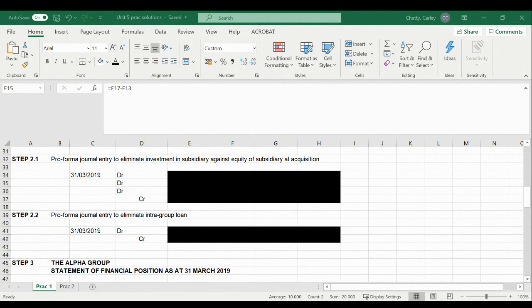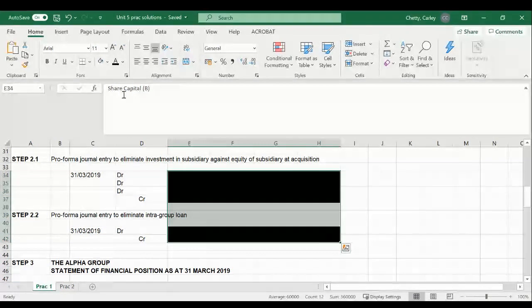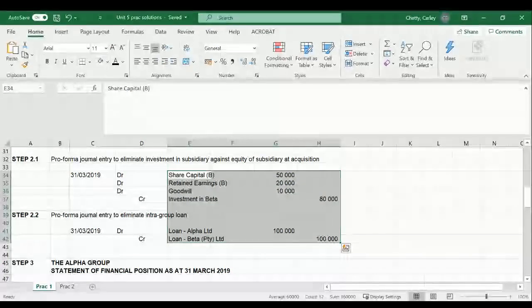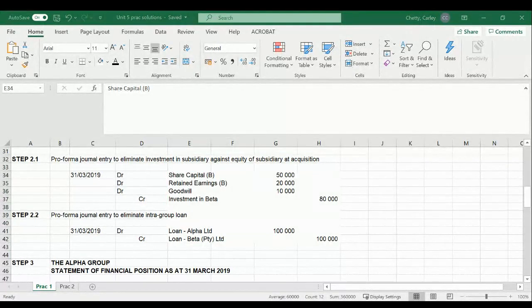Okay, let me unhighlight the solutions and then we can have a look. Here you can see we have debited loan Alpha and credited loan Beta of 100,000 Rand. And this will therefore eliminate that intra-group loan.